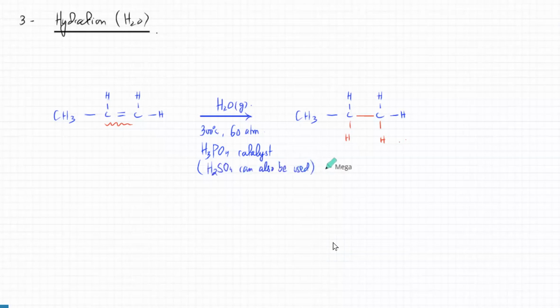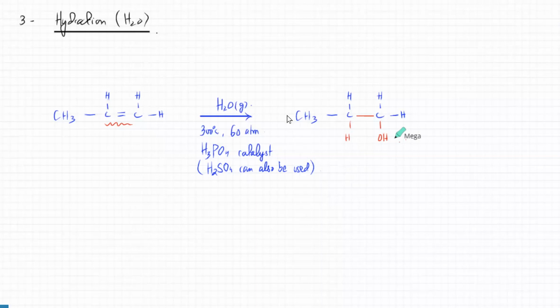Yes, Hamza. Sir, isn't this reaction reversible? Not this one. I mean, I'm pretty sure this is not a reversible reaction because the conditions are so extreme. What do you mean by reversible?